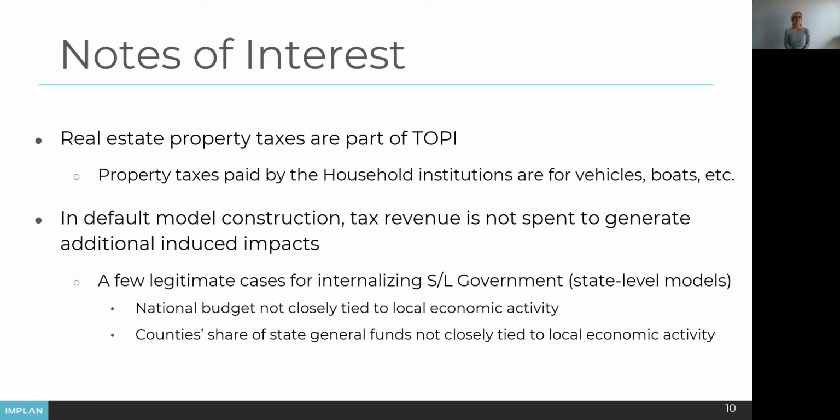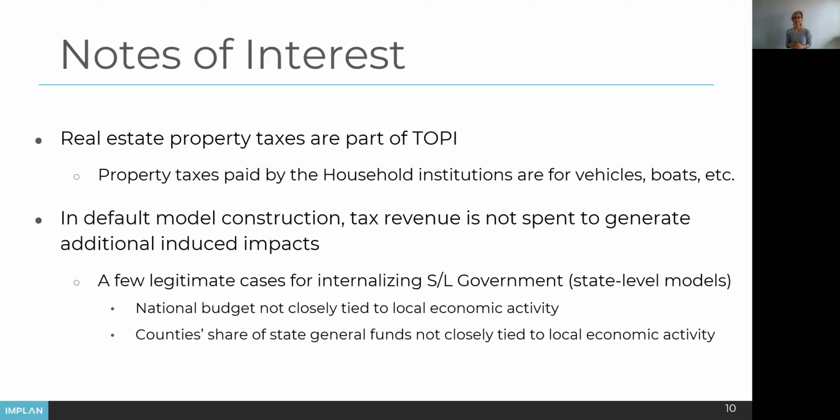We do have an article on this. So again, if you go to support@implan.com and do a search for internalizing institutions, something along those lines, that article will pop up, and it describes in more detail what the implications of internalizing different institutions are and when you might be justified in doing it, which is very few cases, but there are cases.